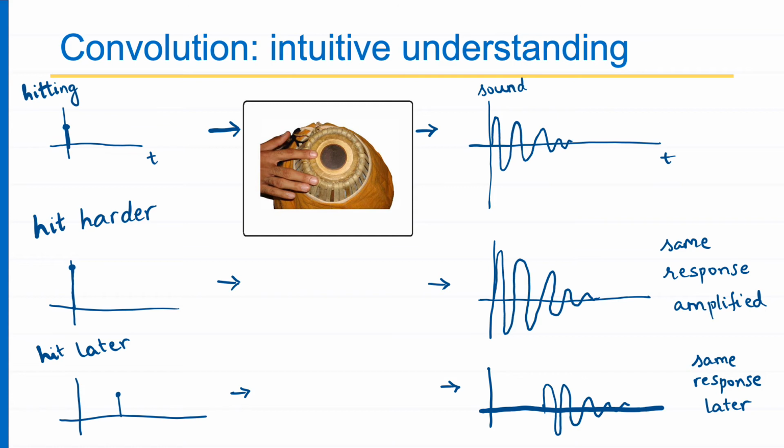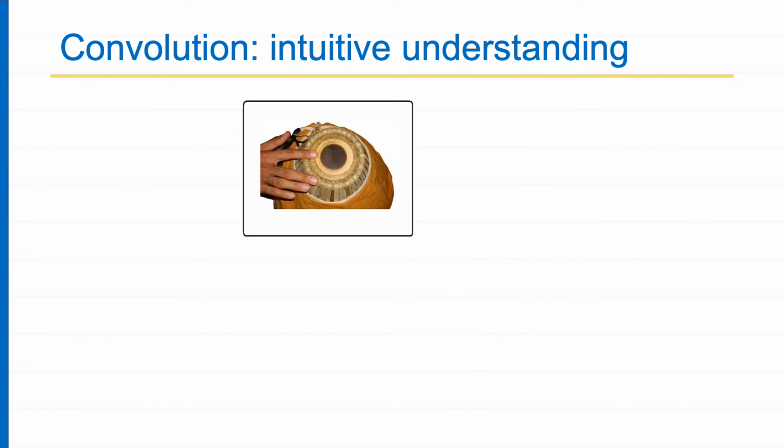I hope this part is very clear, that convolution can be understood as a system which has some input and some output, and depending on how I modify my input, my output is also modified in the same or a similar way. Let's see now what happens if I have multiple hits.